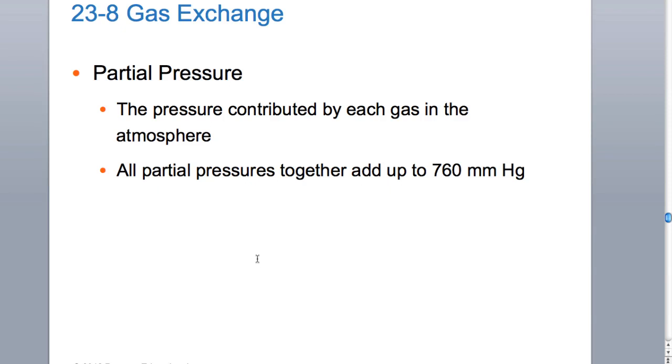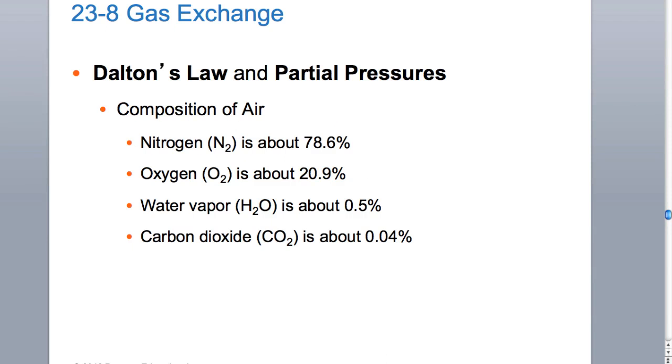So how do I figure out the partial pressure? What I do is I take a portion. So how much is a portion? Let's look at oxygen for a moment. So it's 21%. We're rounding that off to 21. So if I take 21% of 760, that is about 160 millimeters of mercury for oxygen.